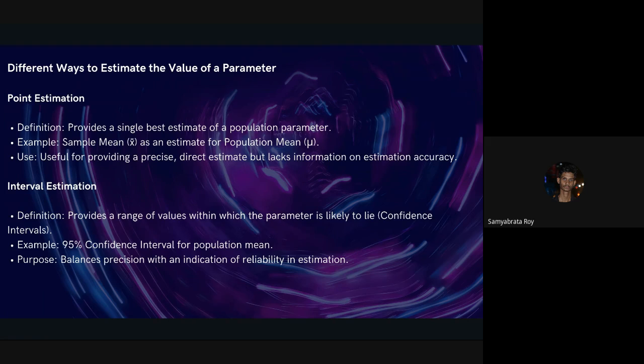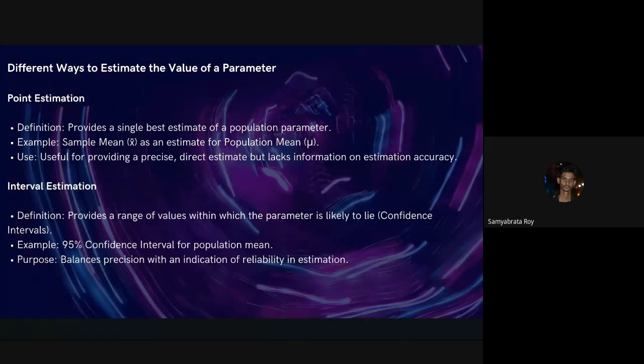So why should we prefer this method? Because this gives us a precise and direct estimate of the parameter. But there should be some drawbacks as well.